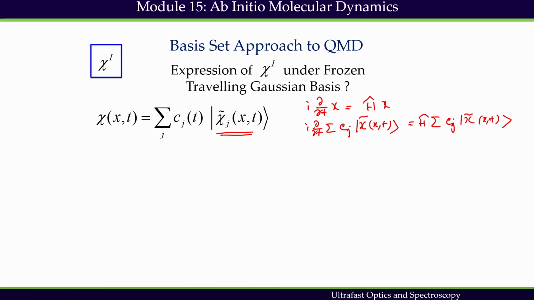So we'll get additional terms, because now one can write down that this is nothing but the summation of cj dot multiplied by this function, plus I have to also consider the other derivative which was not present in the previous expression.